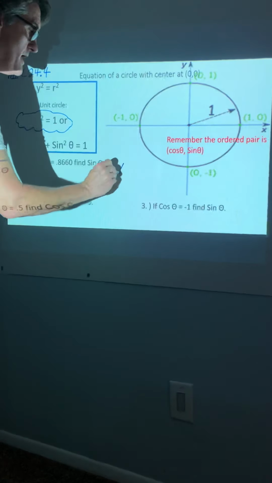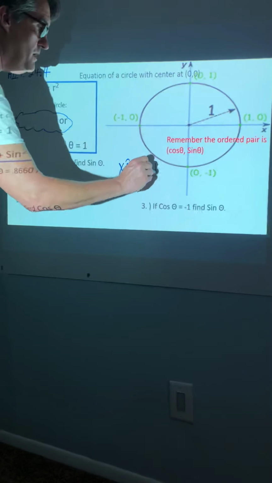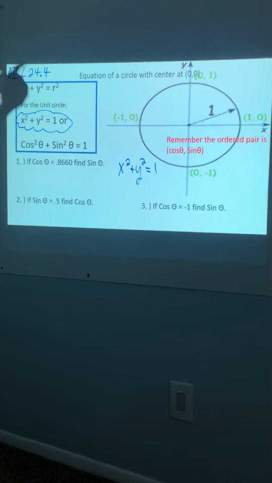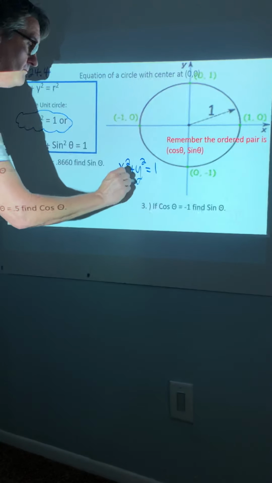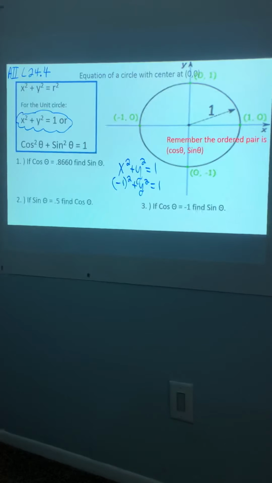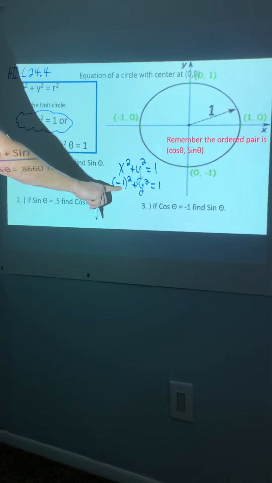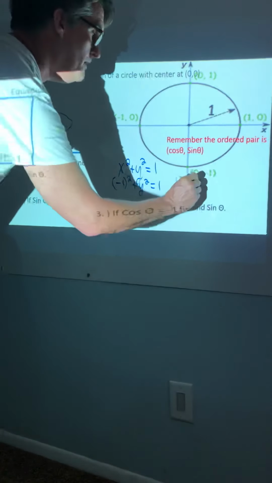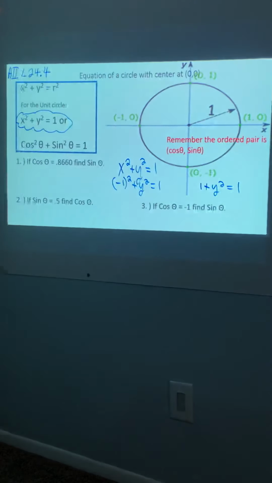Let's do it. x squared plus y squared equals 1. Cosine of theta is -1, so you plug it in here. If you square -1, you're going to get +1 plus y squared equals 1.